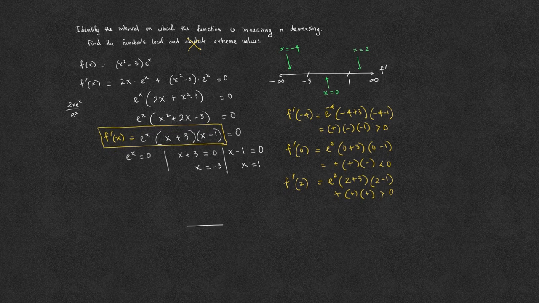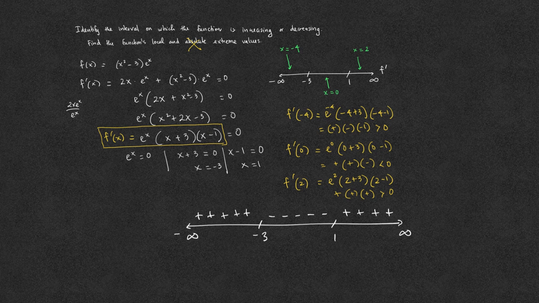We have the number line with the cut points negative 3 and 1. This is the number line that goes from negative infinity to positive infinity. In the first subinterval, we check that f prime is positive, and so f prime is positive on the entire subinterval. f prime of 0 is negative, and so f prime is negative on the entire subinterval. f prime of 2 is positive, and so f prime is positive on the entire subinterval.